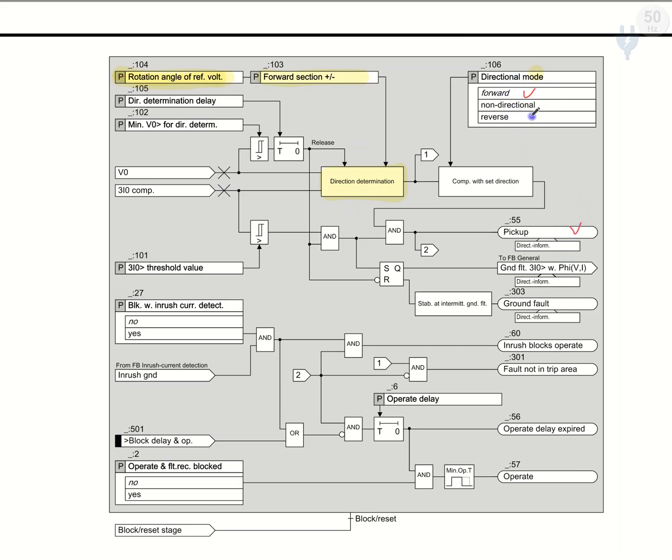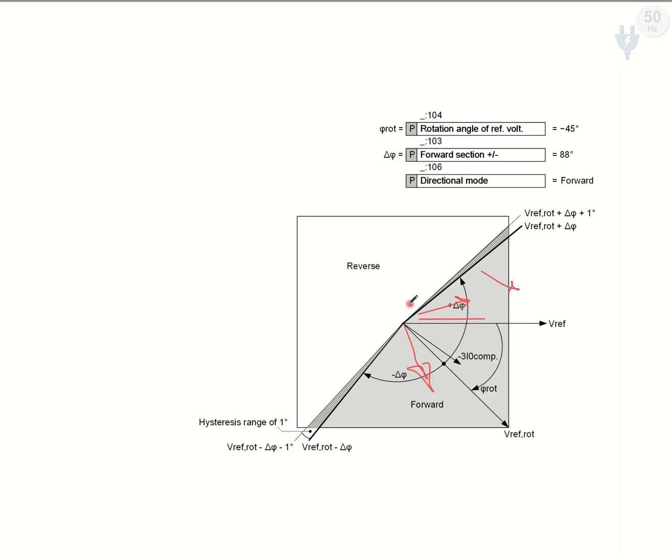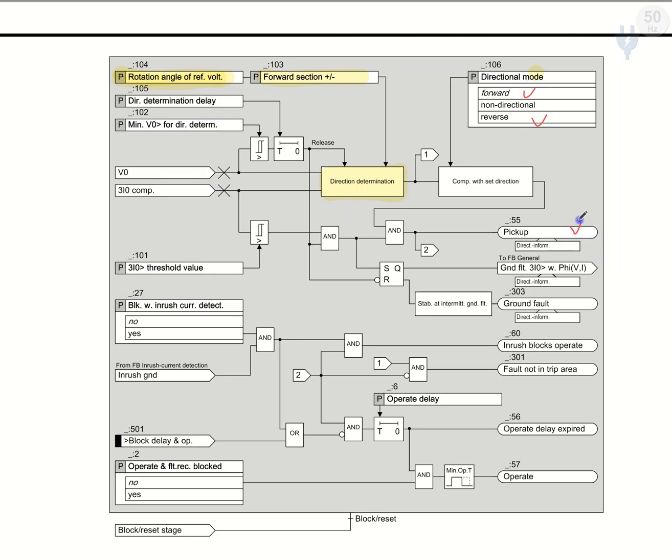And if we select the reverse, then when the zero sequence current is in this direction, in this area, our system will pick up.